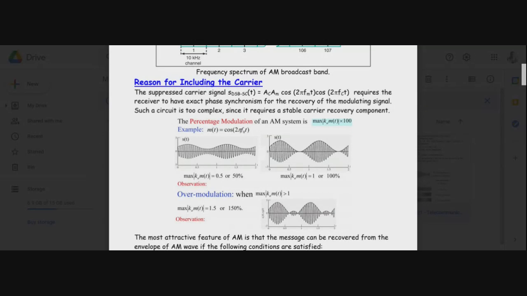So if you have what is called 100% modulation, the modulation index is 100% or 1, then the signal will just touch zero at the lowest point. Theoretically, you can still use the envelope detector on this one, but I'll tell you why it's risky.